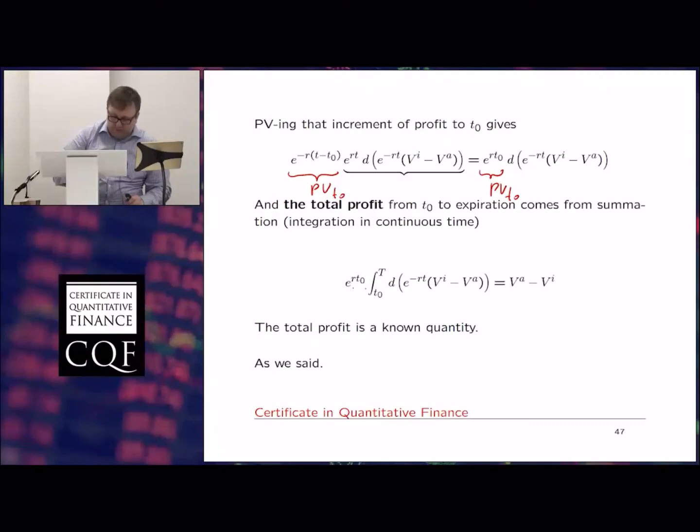The total profit is equal to the integral of this expression from T0 to capital T. Now the e to the rT0 stays from discounting, and if I evaluate this integral, you will see the workings in the solutions document for the exercises.